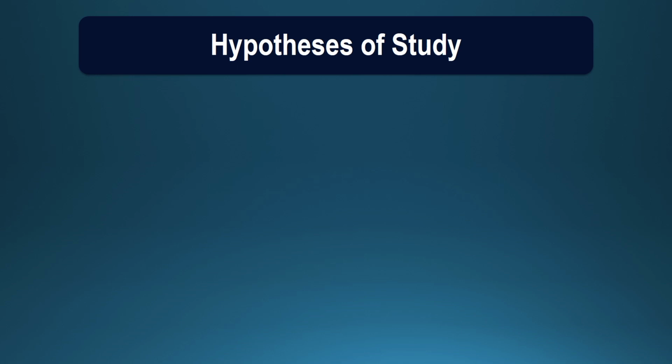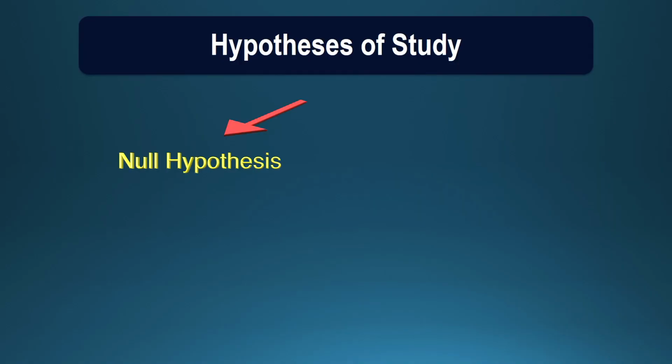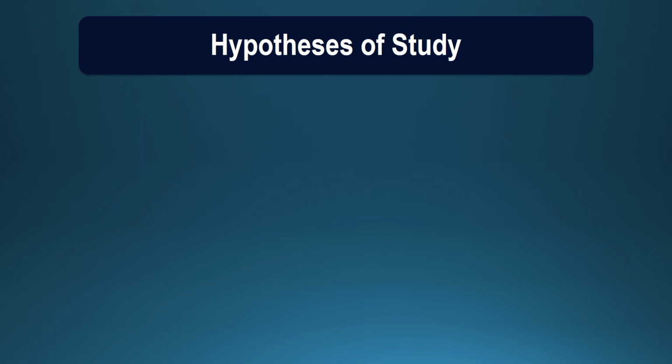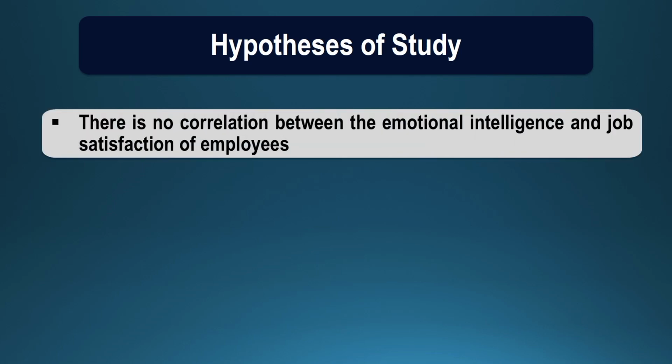The hypothesis, as you have already learned, can be null hypothesis or alternate hypothesis, and under the alternate hypothesis, the hypothesis can be non-directional or directional hypothesis. Now here you can see, when we are interested in establishing the relationship between two variables, the null hypothesis would state there is no correlation between the emotional intelligence and job satisfaction of employees.